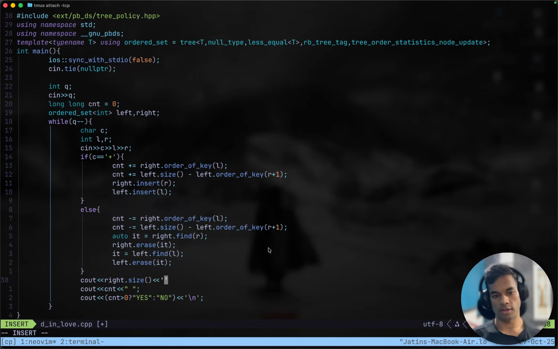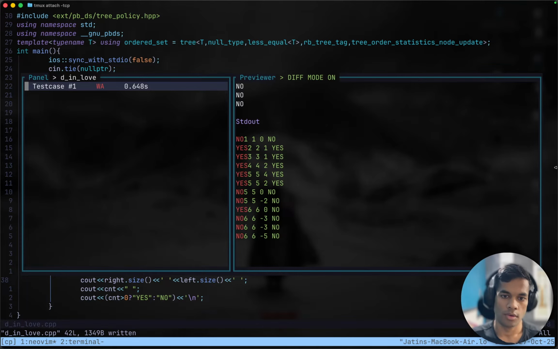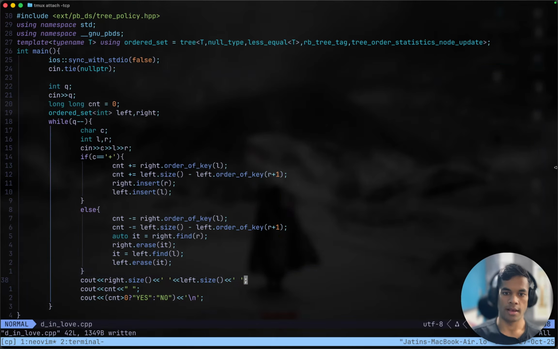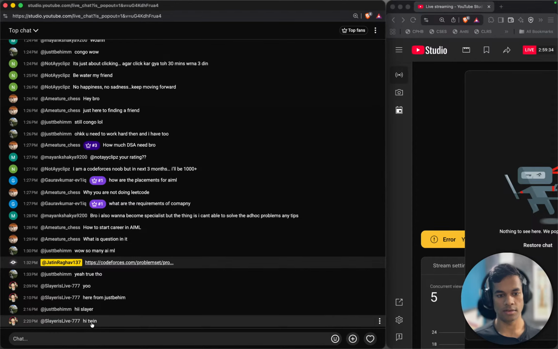Right dot size, left dot size, and... shit, the size is always increasing somehow. Yeah, the size is always increasing somehow. It is not decreasing.